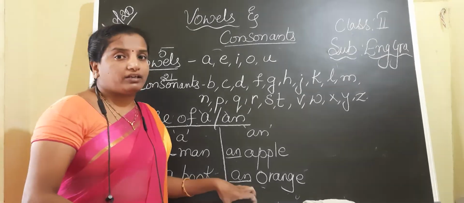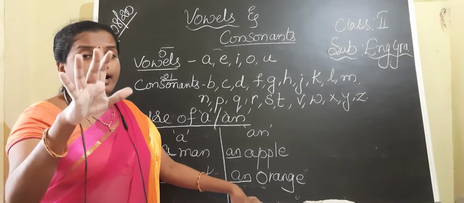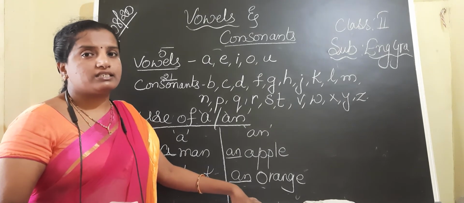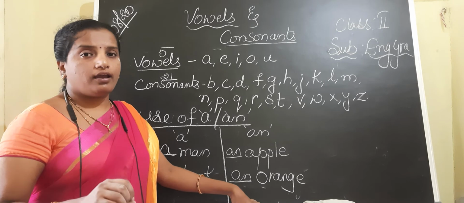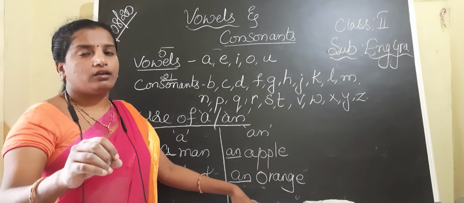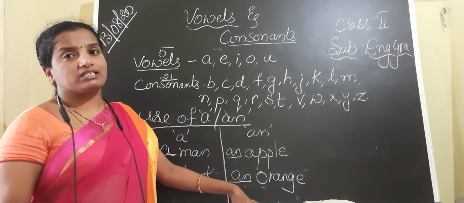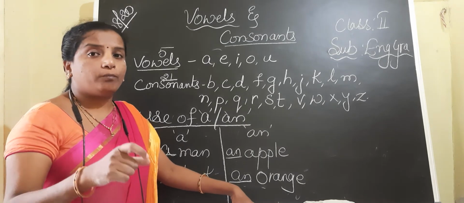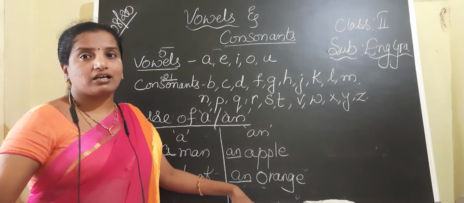Now, children, what we have learned today: there are 26 letters in the English language, A to Z. These 26 letters are divided into two parts, vowels and consonants.